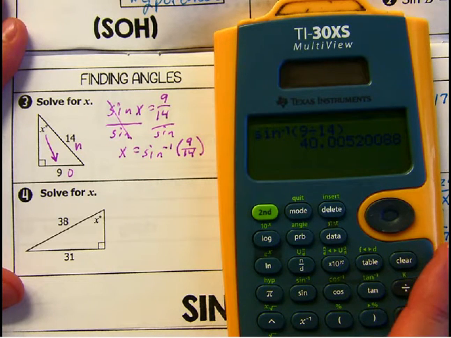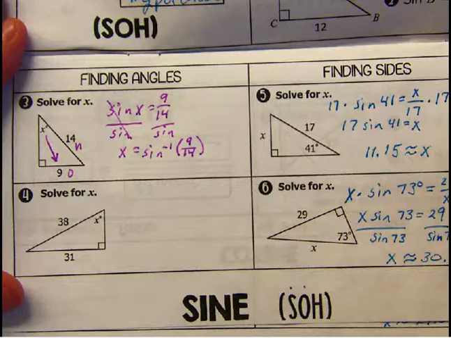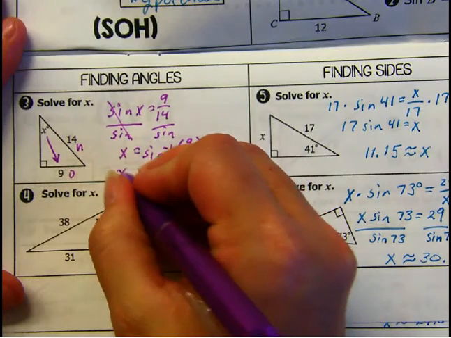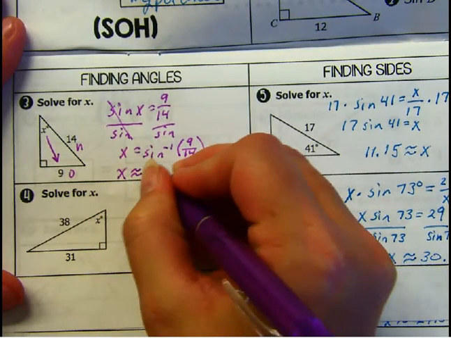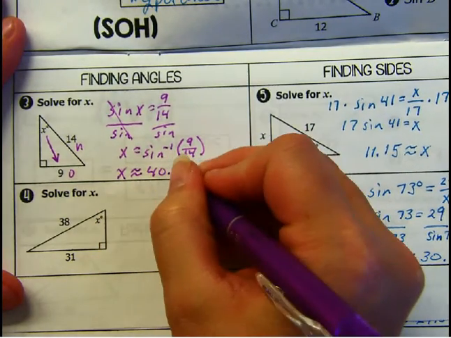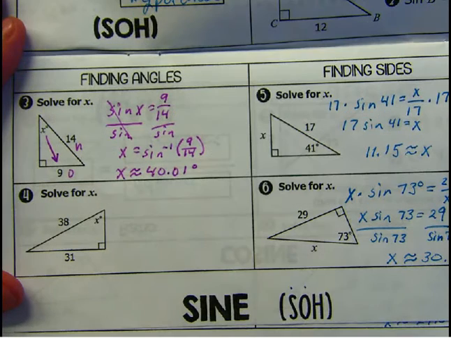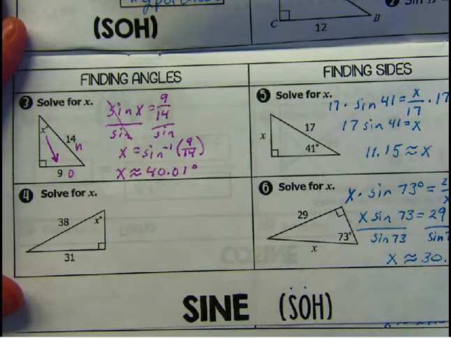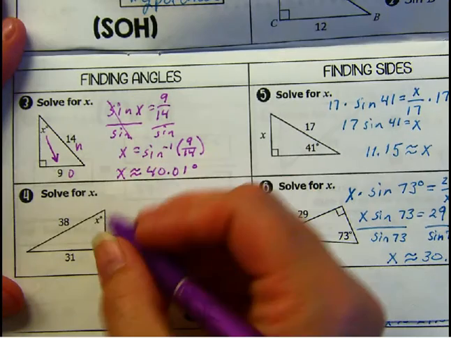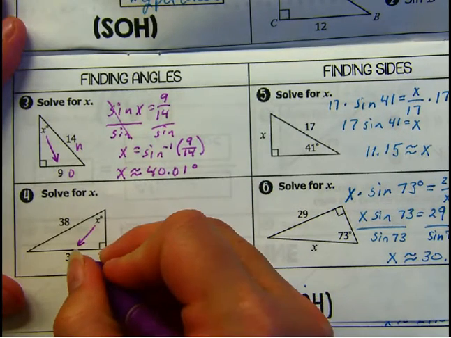So for this one, we have 40.01 degrees. So x is approximately 40.01 degrees.